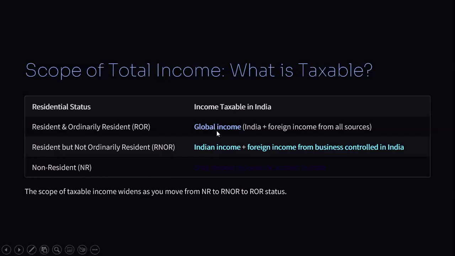So in the first case, all income is taxable in India. In the second case, income earned in India and the part of foreign income transferred to India is taxable. But for non-residents, all income is not taxable in India. He is totally allowed to be taxed in his own country.